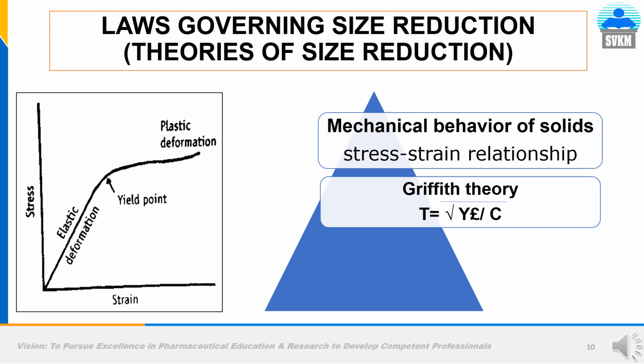Griffith explains how much force is required to obtain a crack. Every unmilled particle has a crack, but when we apply stress, then visible cracks form. So as per Griffith, the force required will depend on the crack length and the atomic bond of the crack apex.